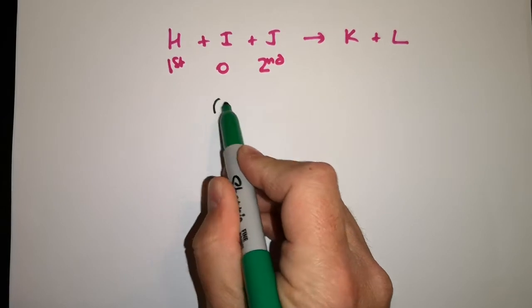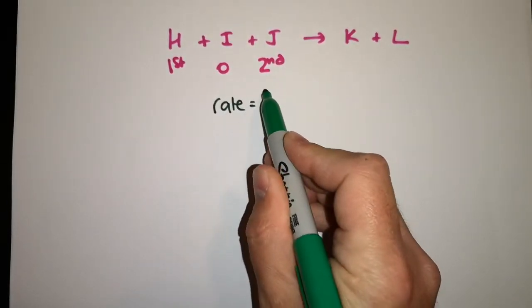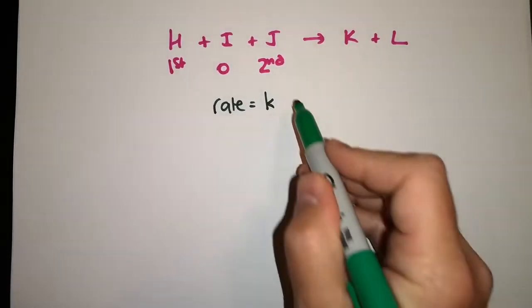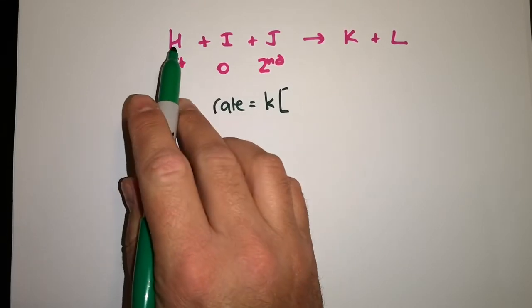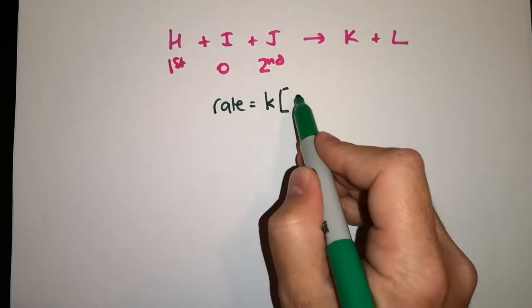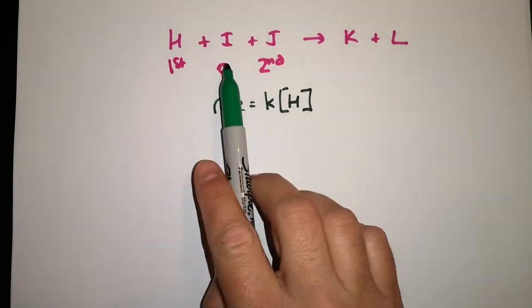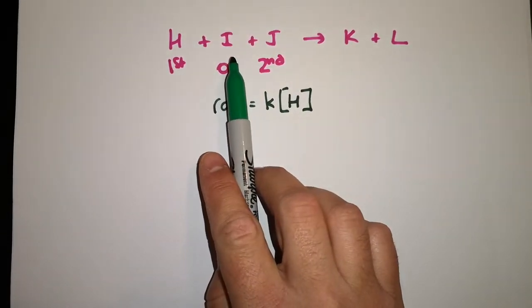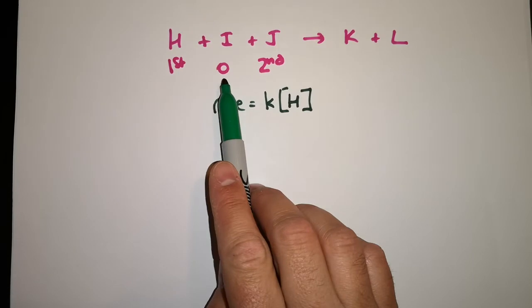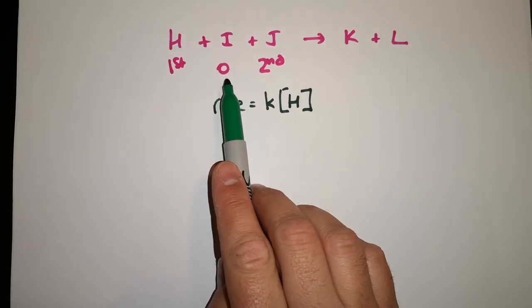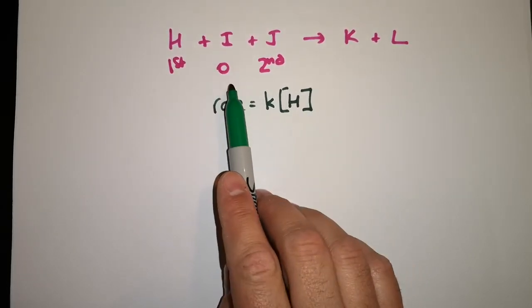It would be rate equals k, the concentration of H is to the first order, so that's raised to the power 1, so we just leave it as it is. Now I is a zero order reagent, so my concentration of I would be raised to the power 0.